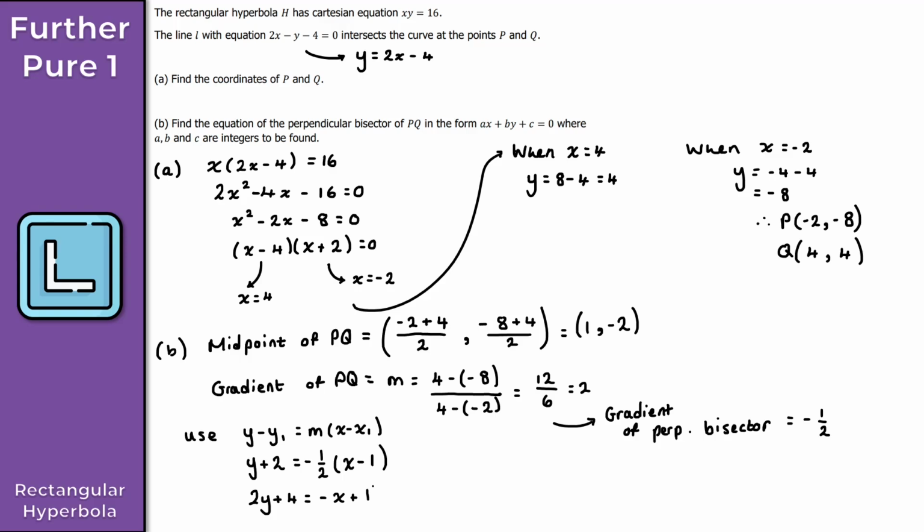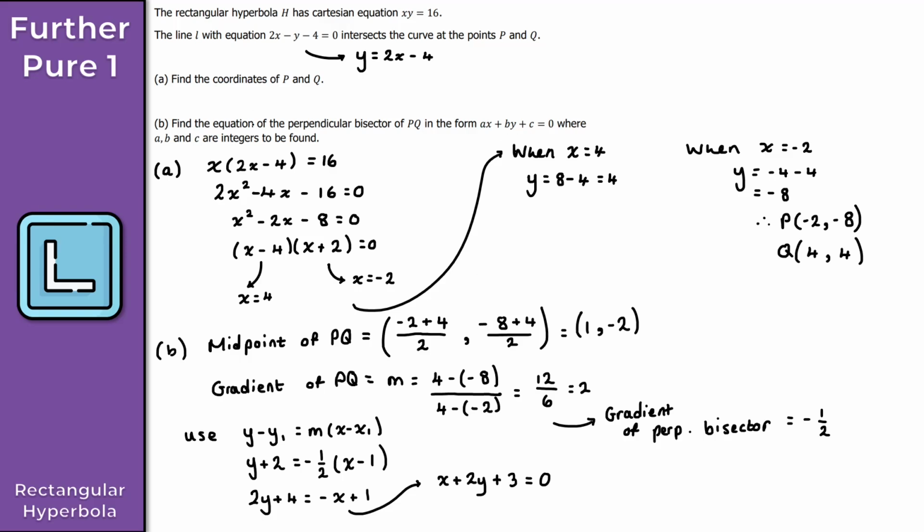Okay, and then finally, once in this form here, so ax plus by plus c equals 0, what I'm going to do here is add x to both sides and subtract 1 off both sides. So if we do that here, then what we get to finish with is x plus 2y, and then finally, we have 4 minus 1, giving us plus 3 there. Okay, this is all equal to 0. And notice at this point here, then we have it in the required form.